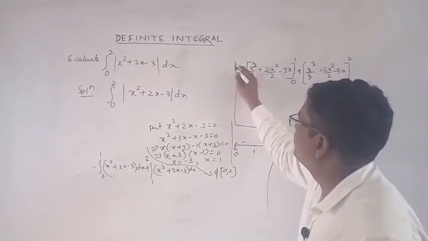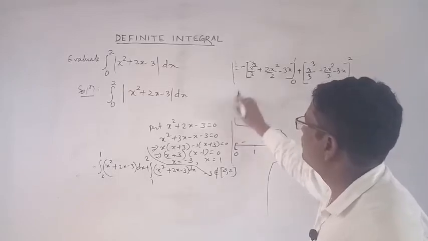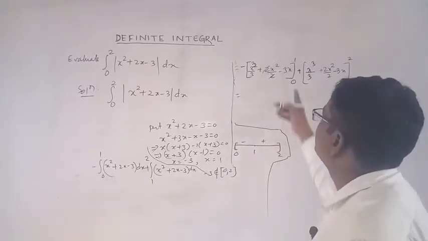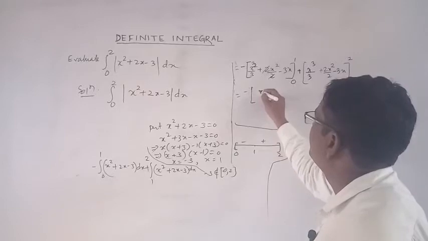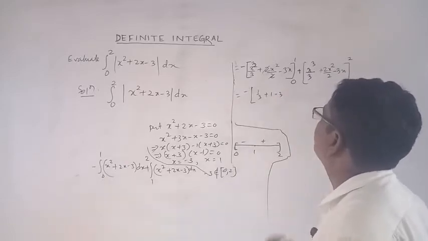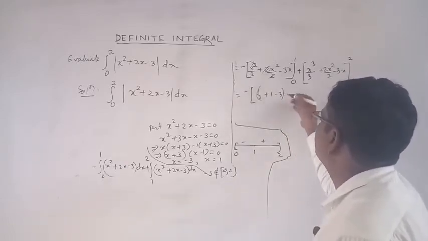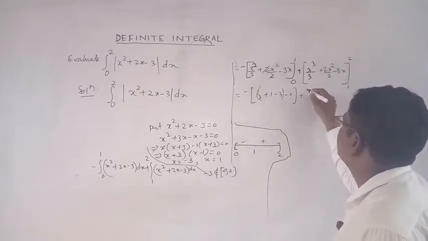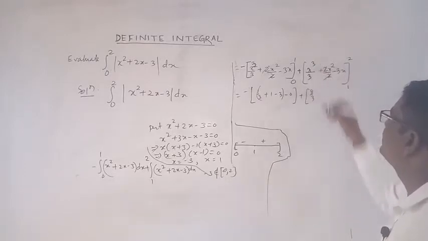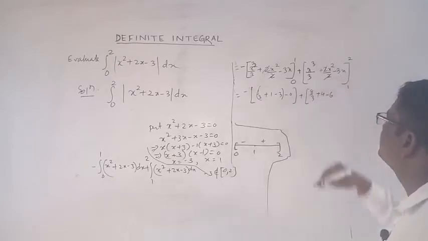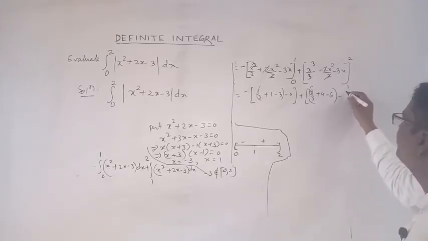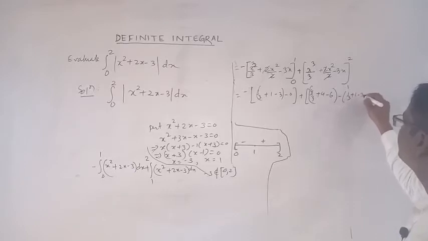This is equal to, the 2 cancels here, put the upper limit: minus of (1 by 3 plus 1 minus 3) minus 0, plus the upper limit here, 2 cube is 8 by 3, the 2 cancels here, plus 4 minus 6, and minus of the value at x equals 1: 1 by 3 plus 1 minus 3.